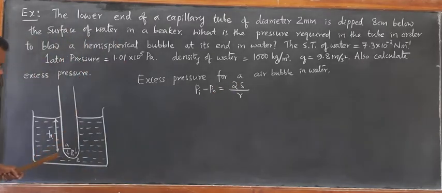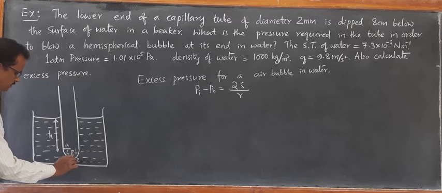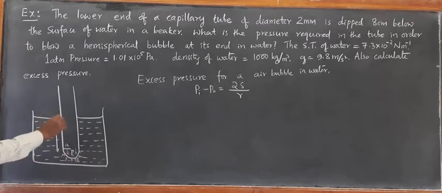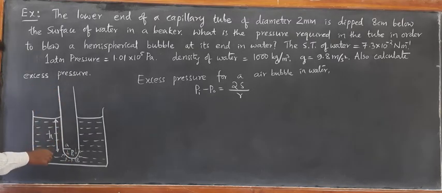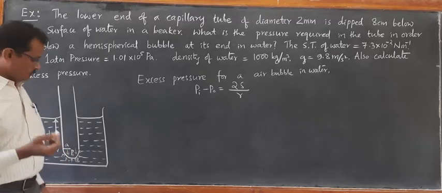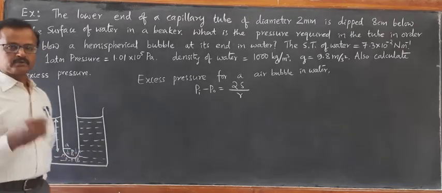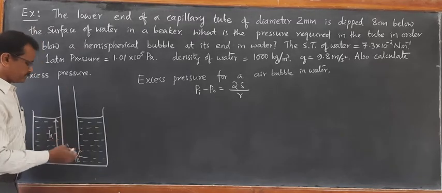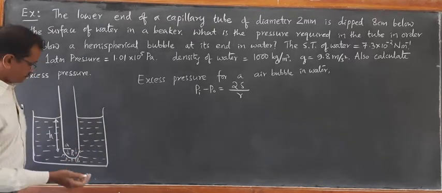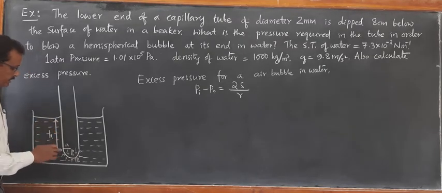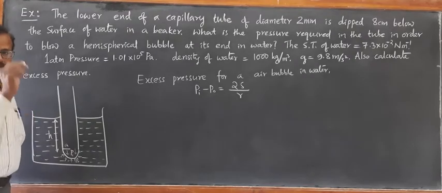So first we will calculate what is P naught, what is the pressure exerted on this convex surface, which is at a depth of 8 cm. The tube is dipped at a depth of about 8 cm. At this depth of 8 centimeter, what is P naught we need to calculate. And P naught here is absolute pressure, atmospheric pressure plus the pressure due to this column of liquid. The column of liquid here is of height h rho g.